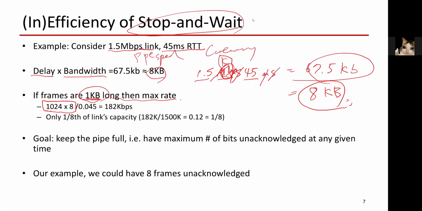My link is 1.5 M, but I'm only able to use 182K. Therefore, my efficiency is at 12%, which means I'm only using 1/8 of the capacity. Okay, my goal is to keep the pipe full and have the maximum number of unacknowledged frames at any given time. So let's see, do you understand this concept until here?